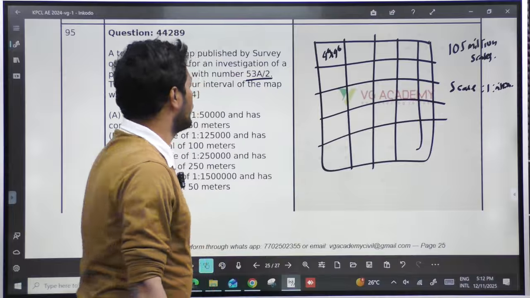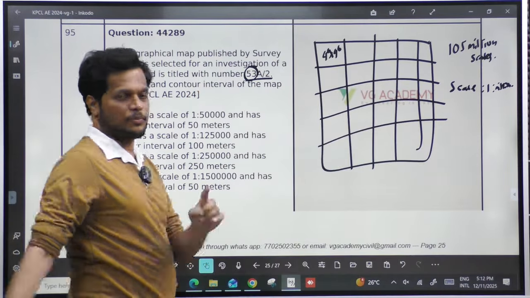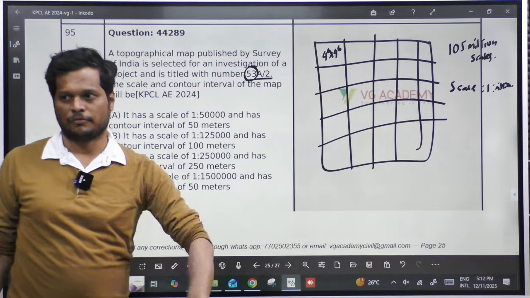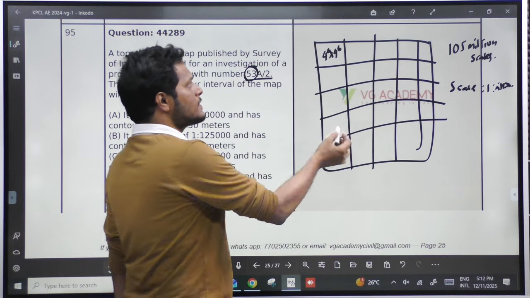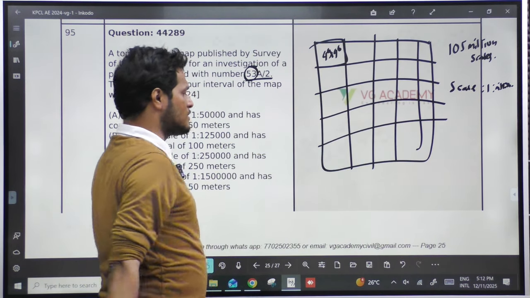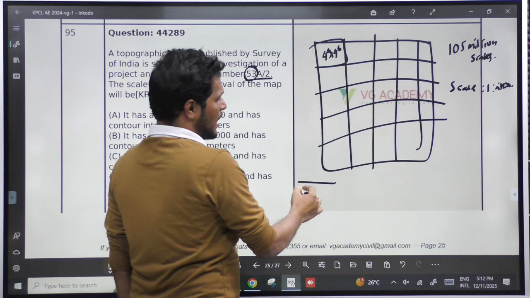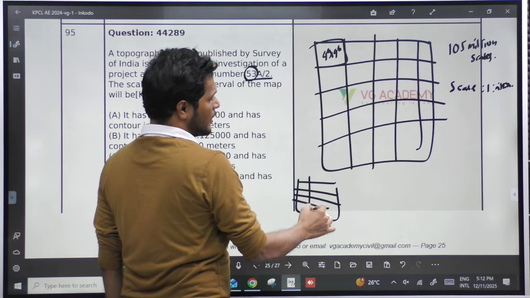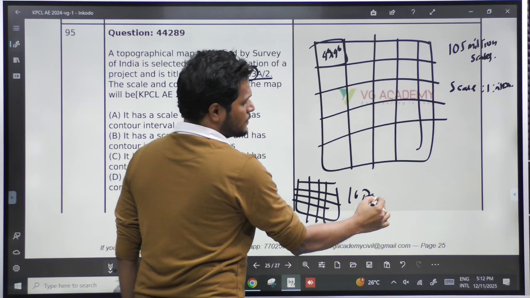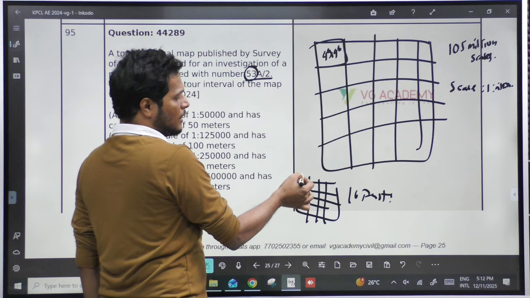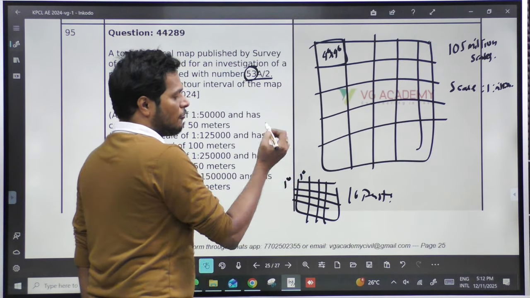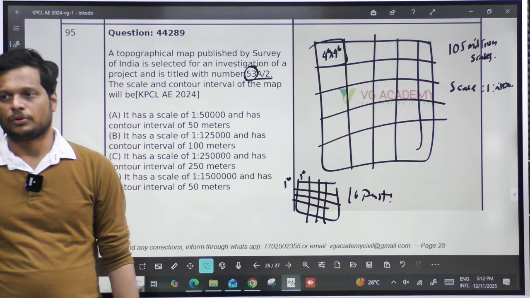In this, 53 is one such number. Again, each map is further divided into 16 parts. What will be the angle for this? It will be 1 degree by 1 degree by 4 by 4.